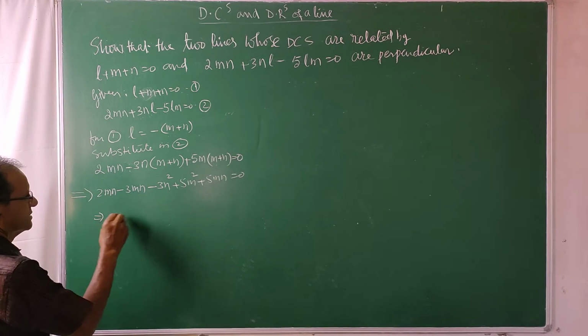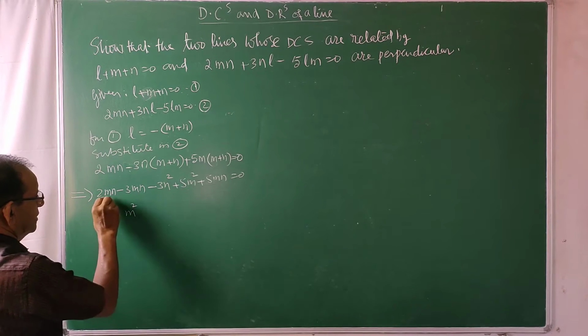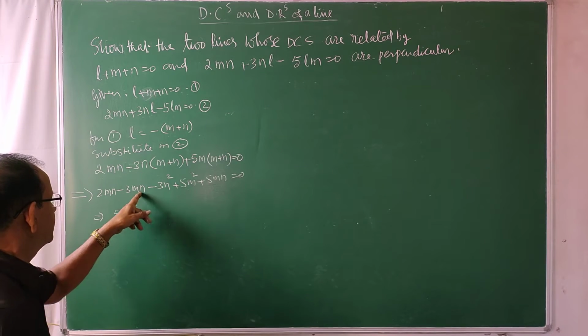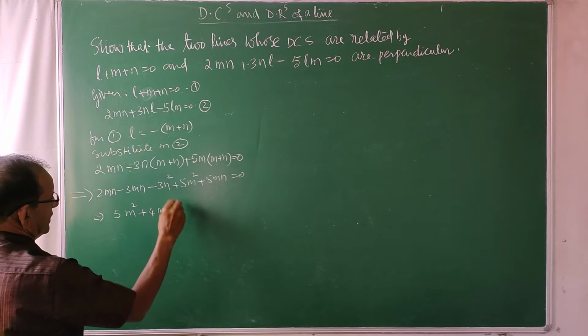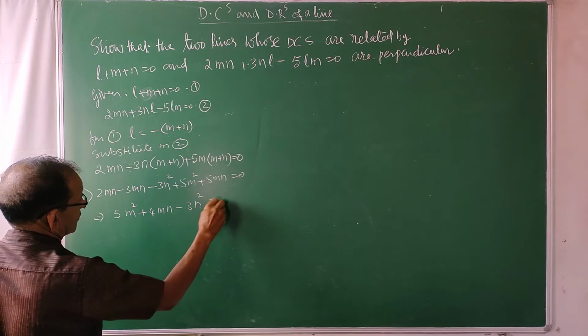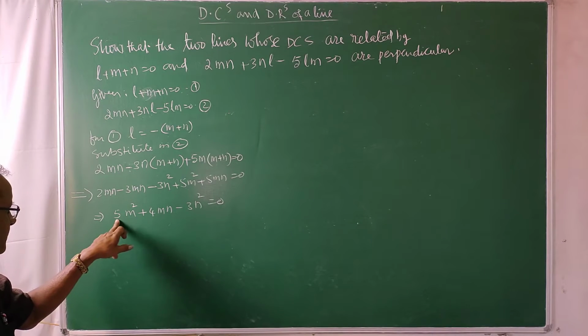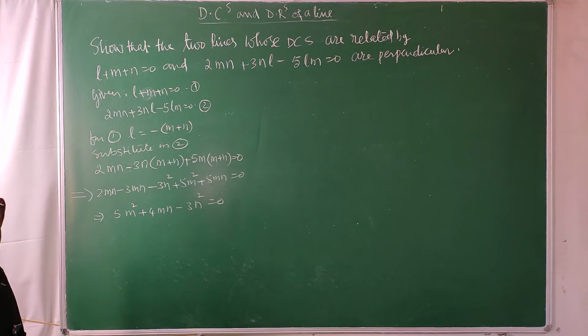That implies 5M square plus 2MN plus 5MN, 7MN minus 3MN, 4MN, minus 3N square equal to 0. Here 5 into 3 is 15. For 15 you cannot write 4MN, you cannot split the middle term.